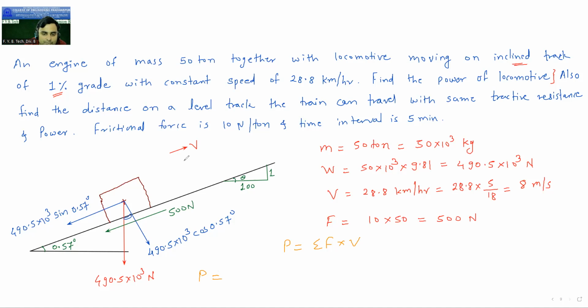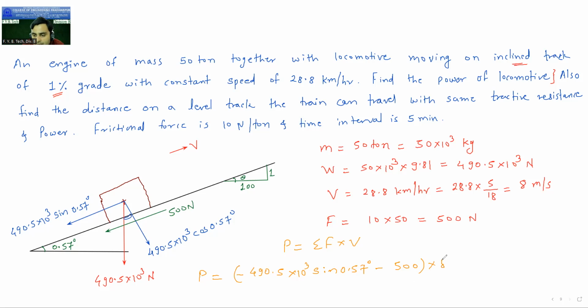आता या प्लेन मध्ये असलेले फोर्सेस घ्यायचे. या प्लेनला पॅरलल, तर हा एक फोर्स आहे आणि हा एक फोर्स आहे, आणि दोघं अपोजिट डायरेक्शनला चाललेले आहेत, म्हणजे वेलोसिटीच्या अपोजिट डायरेक्शनला. सो दोघं कसे असणार? निगेटिव्ह. So it is minus 490.5 into 10 raised to 3 sine of 0.57, again minus 500. This is only summation F. Now multiplied by velocity.